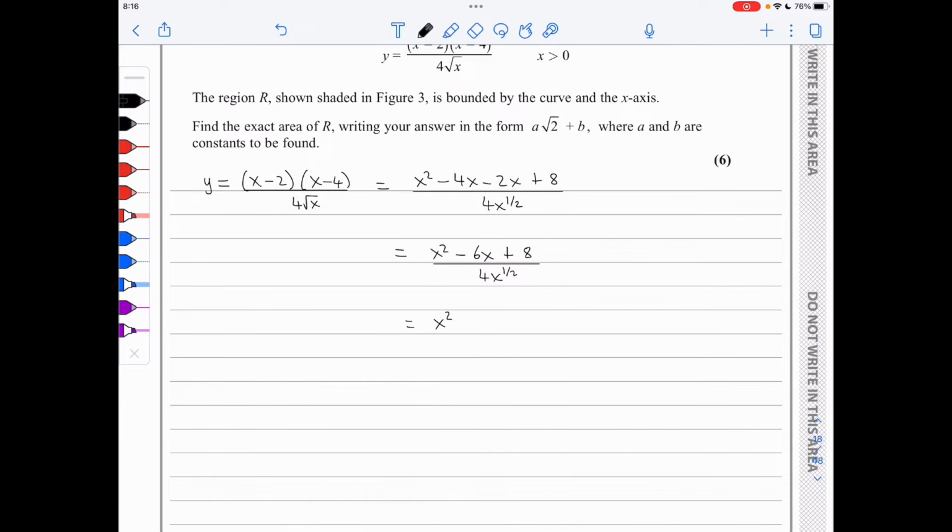It's x squared over 4x to the half minus 6x over 4x to the half plus 8 over 4x to the half. And this gives me a quarter x to the 3 over 2. Remember, when I've got division with a common base, I subtract the indices. Minus 3 over 2 x to the half plus 2x to the minus a half.